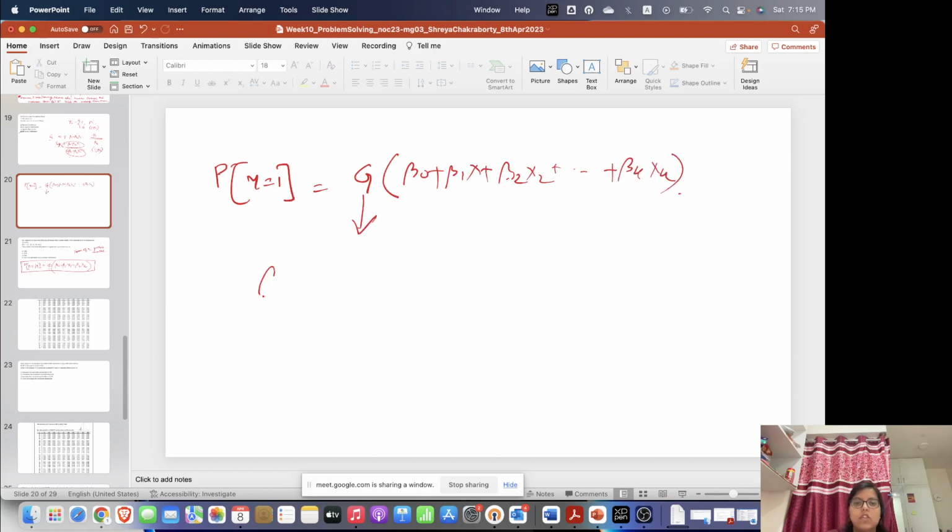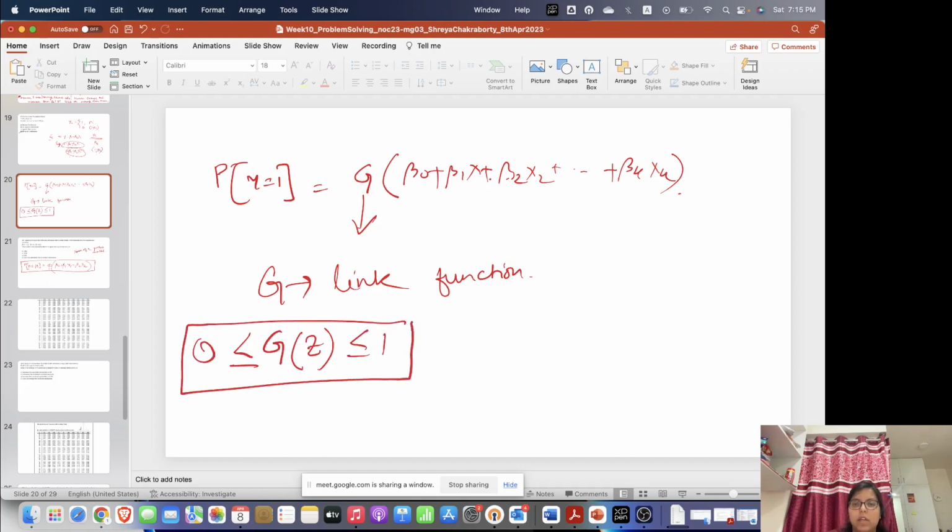This g is known as link function, which is going to transform whatever input you give here from minus infinity to plus infinity into the zero and 1 range. So this is the link function.